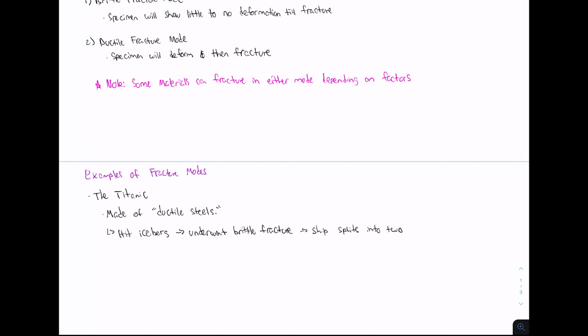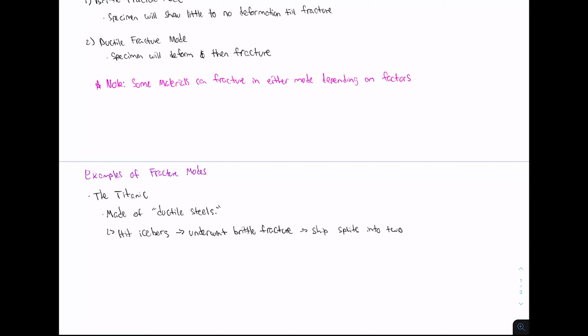Okay, so we have an example of fracture modes right now. Maybe kind of a morbid example here, but I got this from Dr. James. So we have the Titanic, which is made of ductile steel, but as we know, the ship hit an iceberg and then the ship split into two. So that's showing that this underwent a brittle fracture. So why did this happen? The ship was in very cold water.